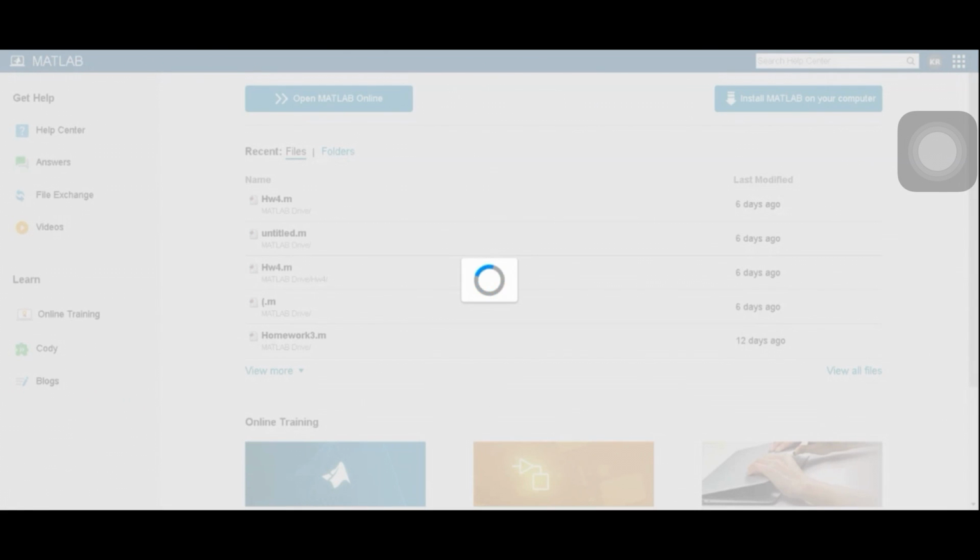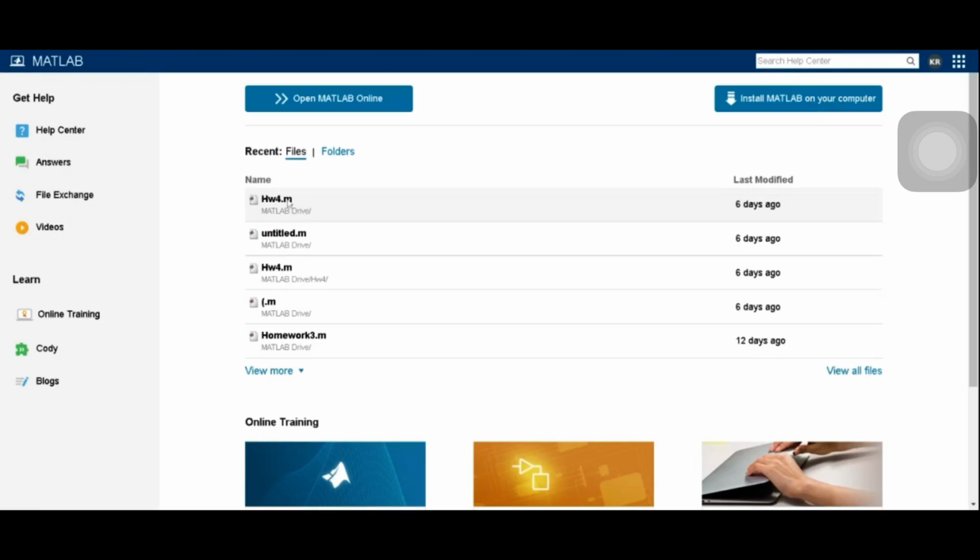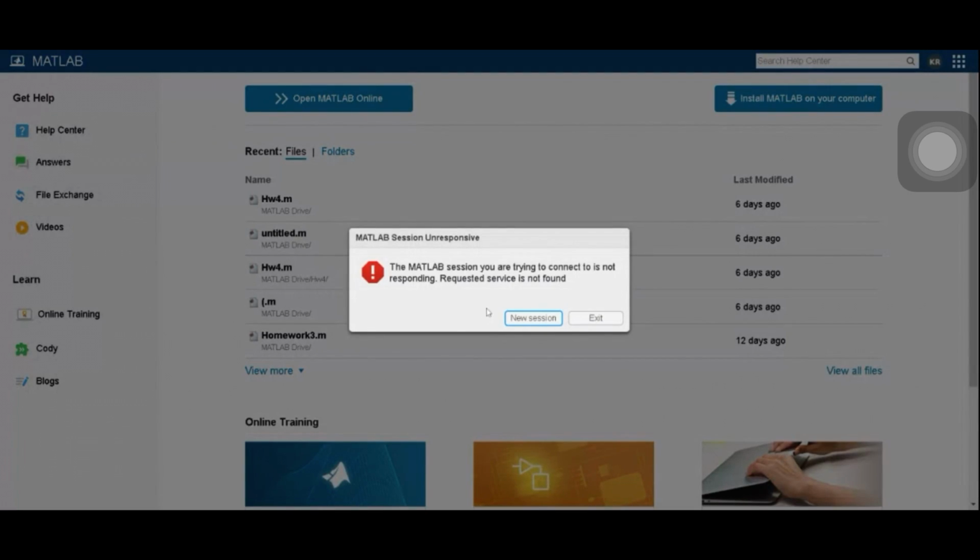You don't have enough bandwidth. So in the meantime, can you go to the folder where homework 4 is, right-click on it, and try to open it with Notepad instead? Of course, in the meantime, maybe you're stuck and you can't do anything else, right? Now just exit. Yeah.